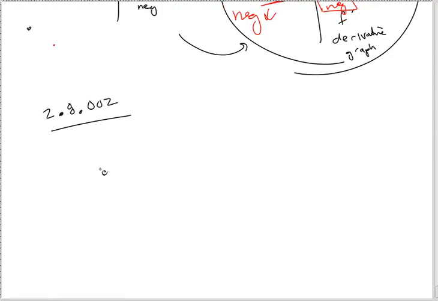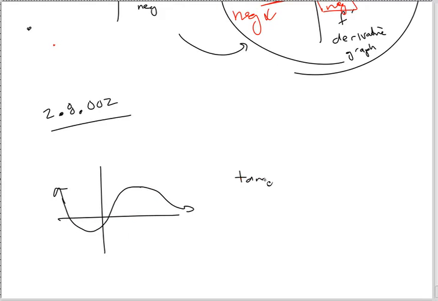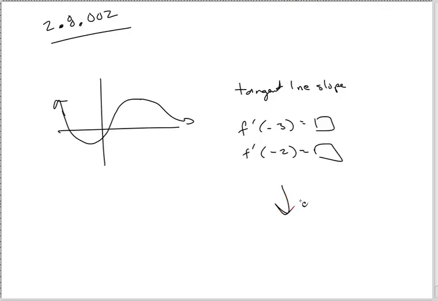Here we go. So I got another graph here, and this is definitely not perfect. Something kind of like this, I think. And they want to know what the tangent line slopes are, so f prime at -3. Oh, sorry. F prime at -2, all that kind of stuff. And then we're going to graph it, basically.